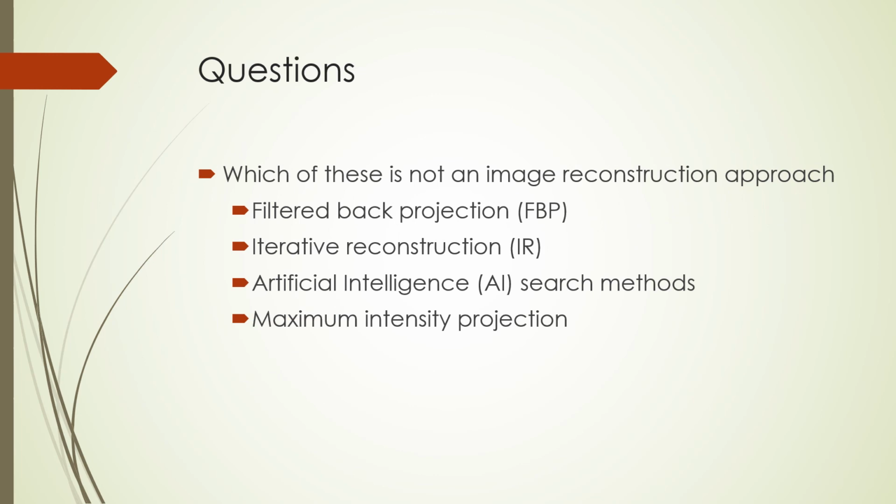Next question. Which of these is not an image reconstruction approach? And the choices are filtered back projection, iterative reconstruction, artificial intelligence, AI search methods, maximum intensity projection. The correct choice is maximum intensity projection.